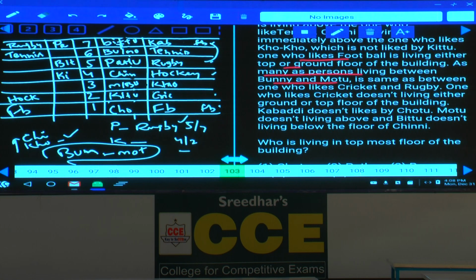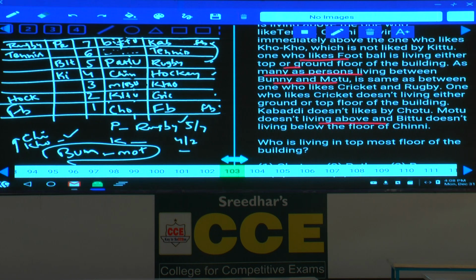Done with this? Then what is the possibility here? The order is Bittu and Motu, there is a difference, isn't it? Now this one we haven't finalized. Motu does not live above this one, hence Motu cannot be here. Motu does not live above, and Bittu does not live below the floor of Chinni, hence Bittu cannot be here.